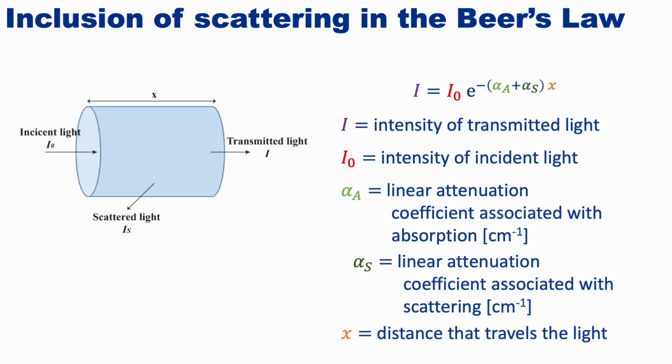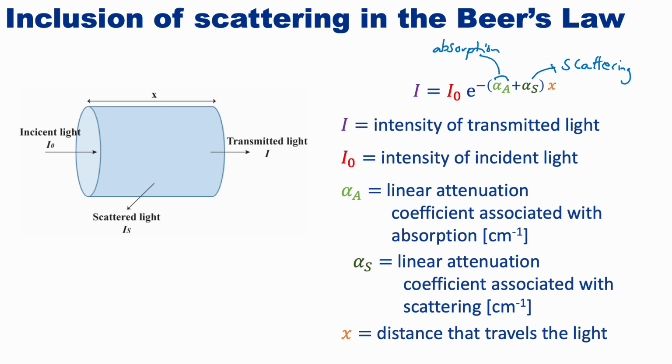So in general, in our medium, we might not only have absorption, we might also have scattering. So we're going to have two coefficients. We're going to have the absorption coefficient, but then the scattering coefficient, which is about thinking that we have particles in a medium that are going to disperse the light in a different direction with respect to the incident light.